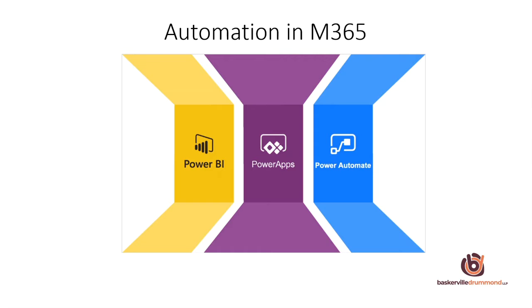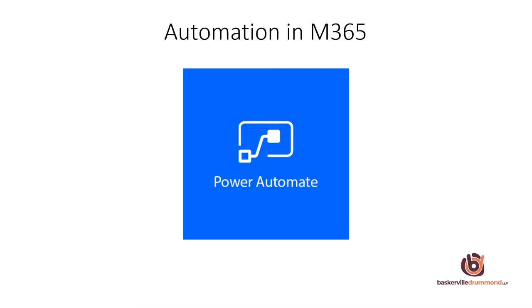And then of course there's Power Automate. Power Automate is a product we're going to focus on today because it's Power Automate that allows us to start automating some of those common business processes that we carry out manually today. So Power Automate, what is it? Well, essentially it allows us to create workflows via connectors into standard Microsoft 365 applications.